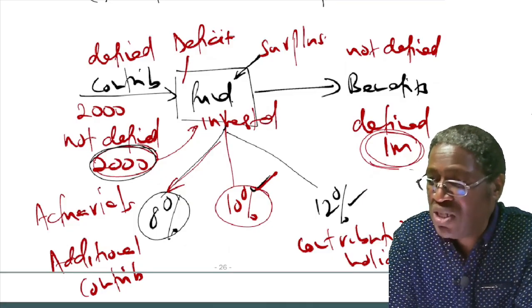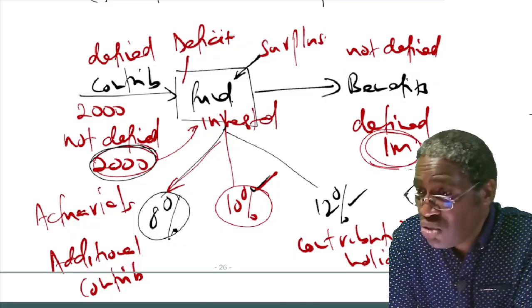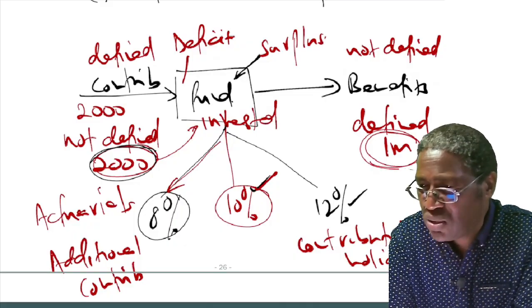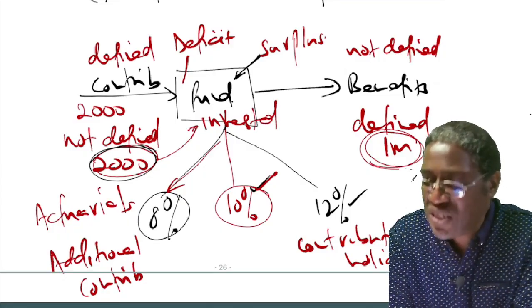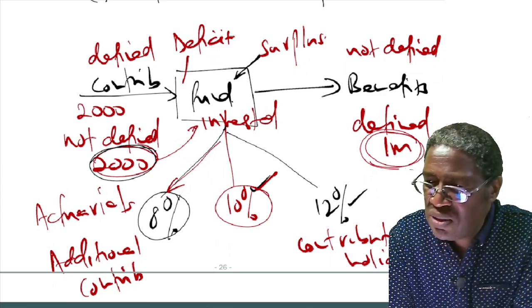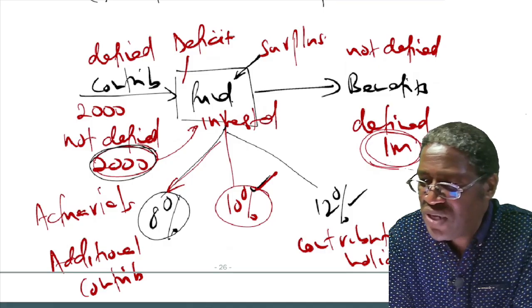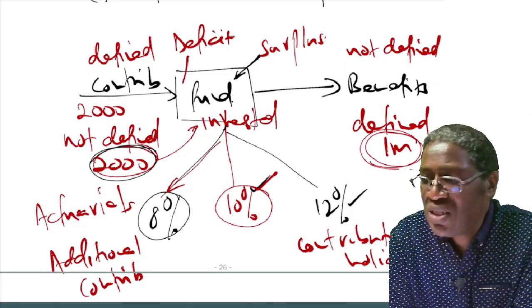Don't forget, we were saying the obligation is 1 million. So you set the contributions at such an amount that is expected to earn enough return to meet the obligation of paying the benefits. Are we together? Good.